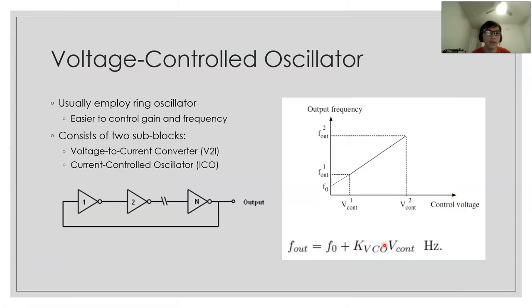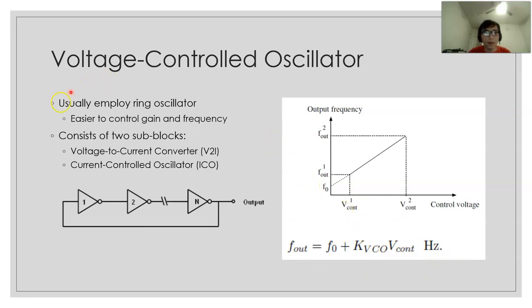The next thing is the voltage controlled oscillator, or VCO. As I said, it produces an output signal that is linearly proportional to the input voltage right here, as you can see.